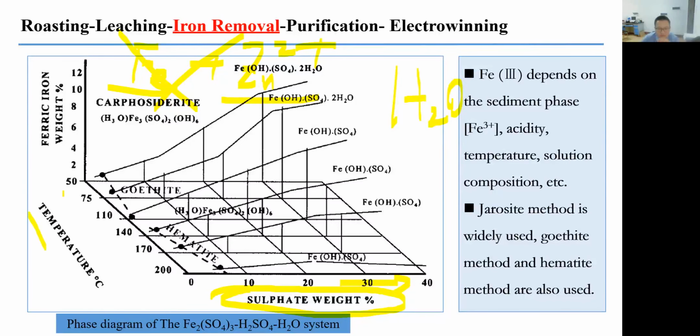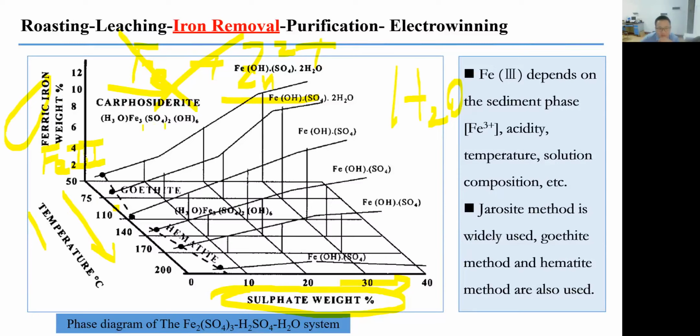And along the temperature axis, we are moving from the ambient atmosphere to autoclaves, because when the temperature is higher than 100 degrees C, we have to use autoclaves. And this y-axis is about the ferric ion in the system. So we are only mentioning the ferric ion.